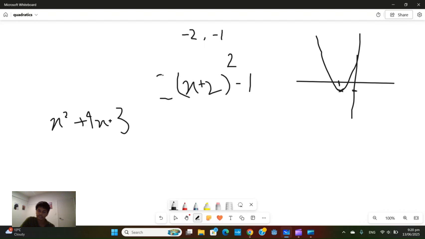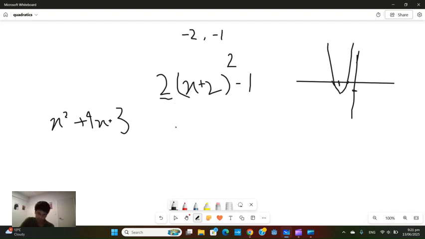However, if this was 2, say, then the vertex is going to stay the same, but it's going to be a lot thinner, like woo, woo.